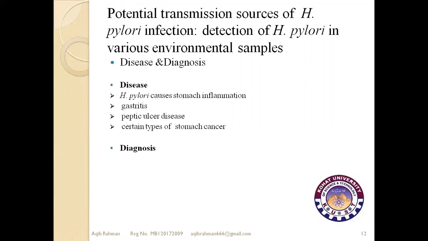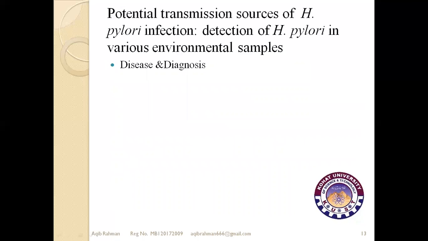Diagnosis. How do we diagnose the H. pylori infection? We do certain types of tests in which first is breath test, blood test, stool test, biopsy, sometimes upper endoscopy is also done for the diagnosis of H. pylori infection.